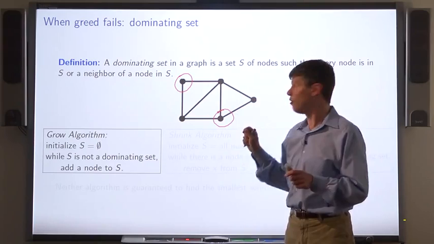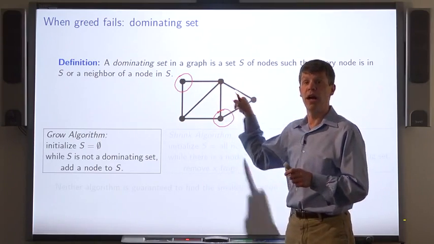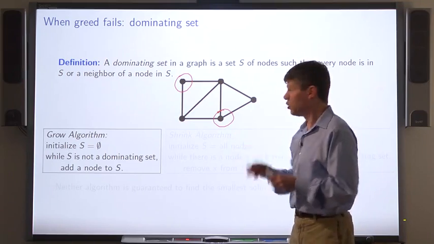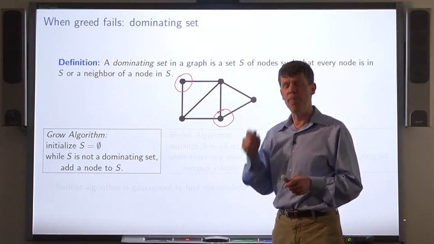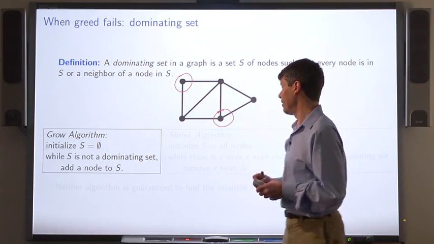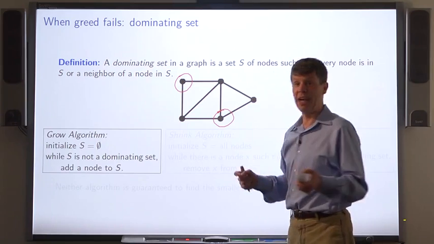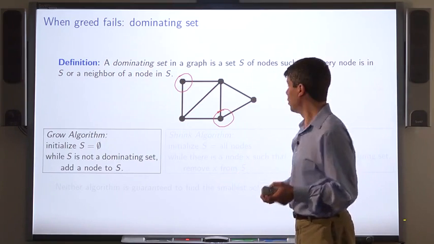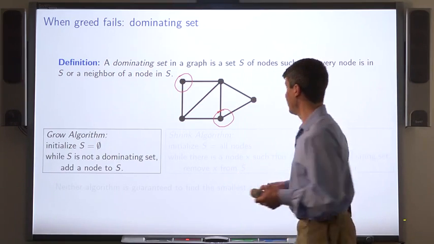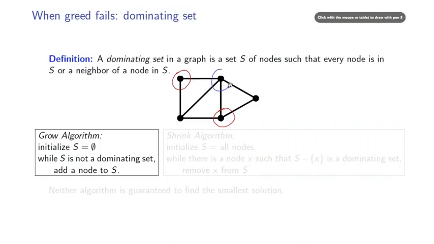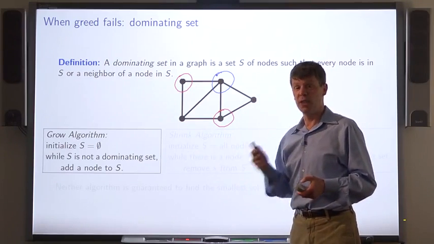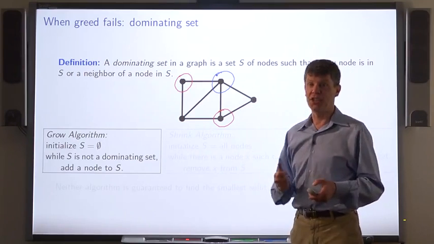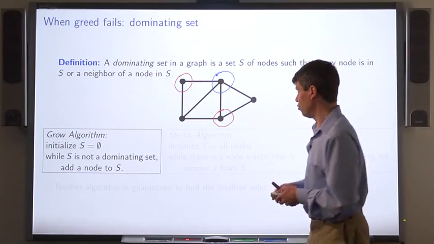Every node is either in the set or a neighbor of a node in the set, so we can stop. But did this algorithm give us a minimum size dominating set? It turns out that no, we could have gotten a much smaller dominating set consisting, say, just of this node. So in this case, this greedy algorithm, the grow algorithm, came up with the wrong answer. It didn't come up with the smallest solution.